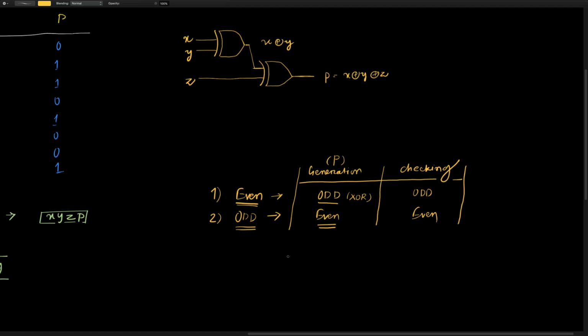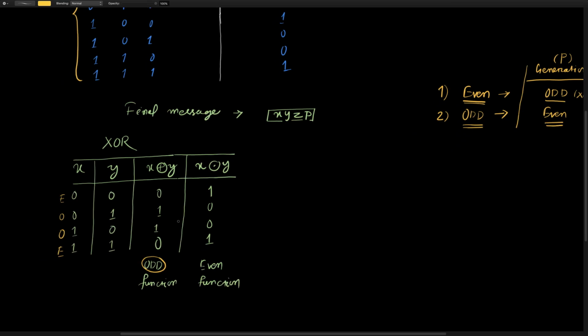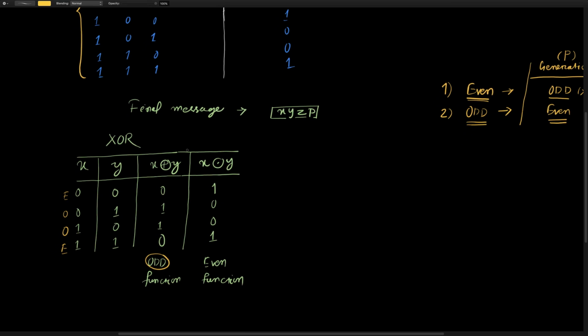Now what is an even function? Just the complement of the XOR function. This is your XNOR, and this is your XOR. XNOR, for any even combination of ones, gives you 1, whereas for any odd combination it gives you 0. This is the converse of XOR.